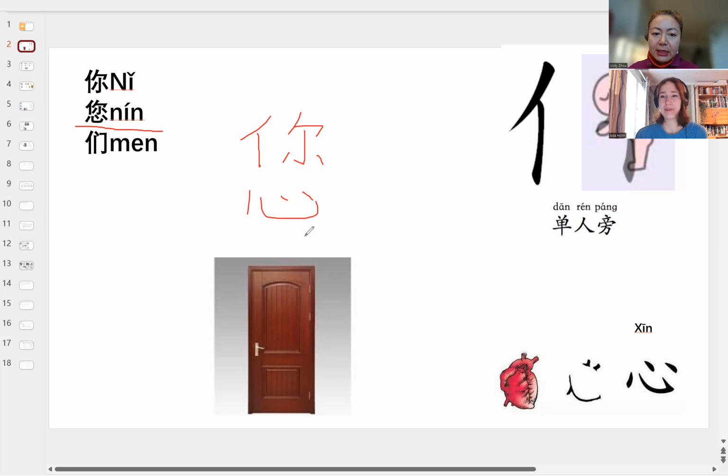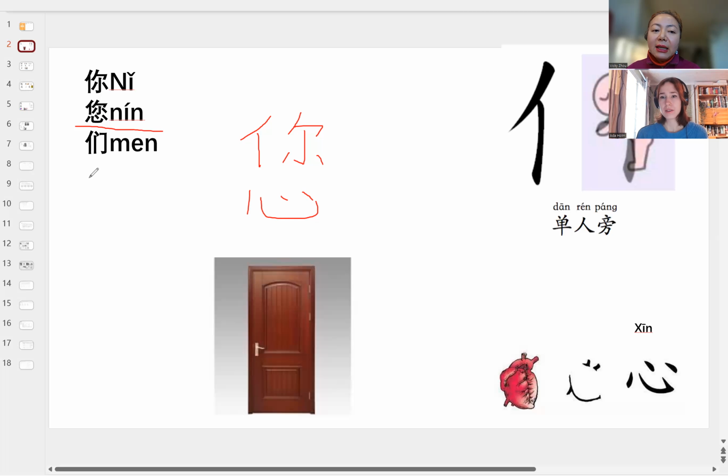Xin. Yes, xin. So with this xin underneath, this is the polite form of ni. Normally we use nín for older people, or in formal occasions. For example, at work we say nín hǎo, or to your customers we also use nín.